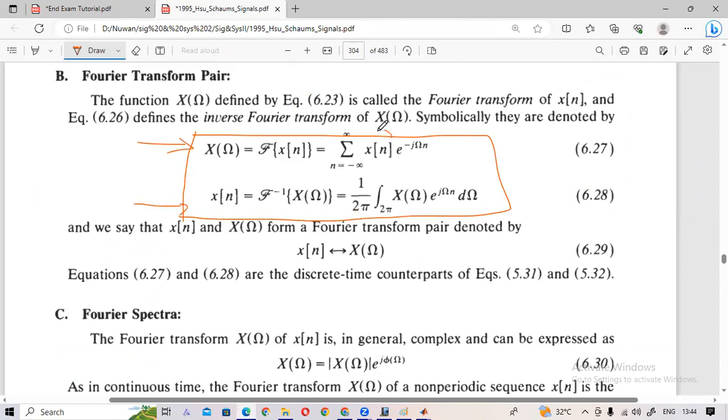So if you are given any signal x[n] sequence, you can convert this sequence. This is in n. You know that n is also related with time. n is equal to number of sample into T. The n sample time is equal to number of sample into T. So in this way, this n is also related with time.